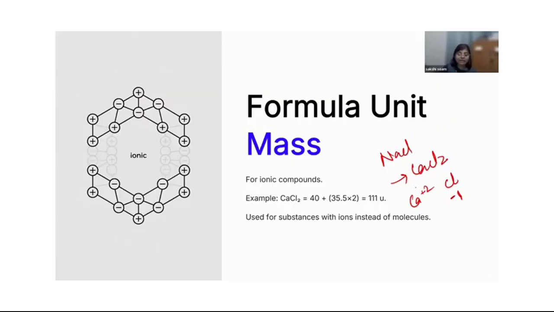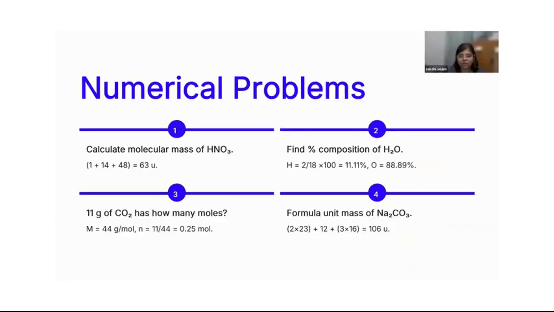Hence the formula is calcium chloride, CaCl2. Simply put in the atomic masses. Calcium is 40 and chlorine is 35.5 into 2 because there are two atoms of chlorine. So it becomes 111U. This is how we find the formula mass unit. It is the same, just the word has changed because it is an ionic compound.